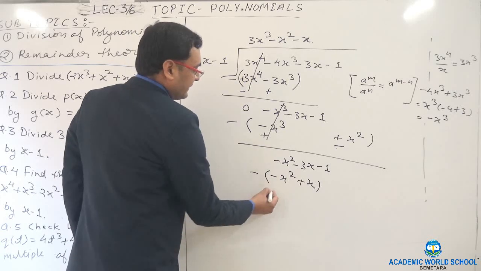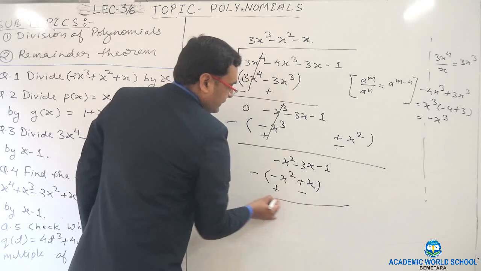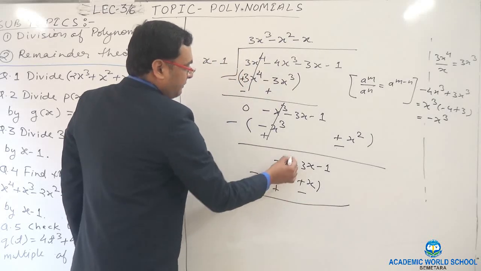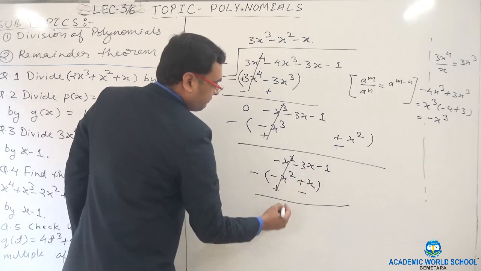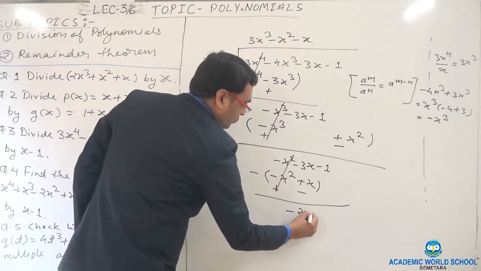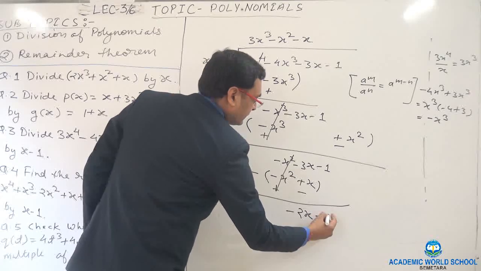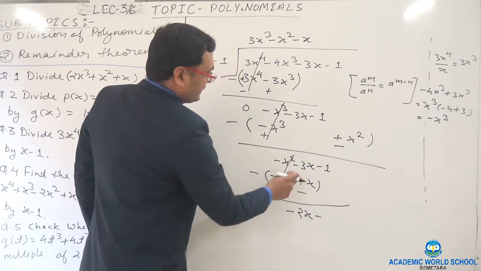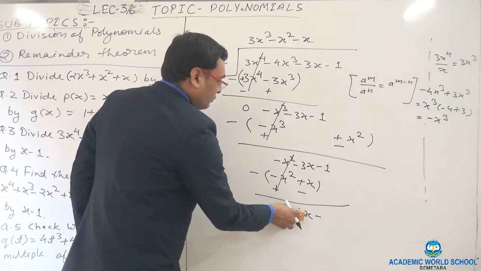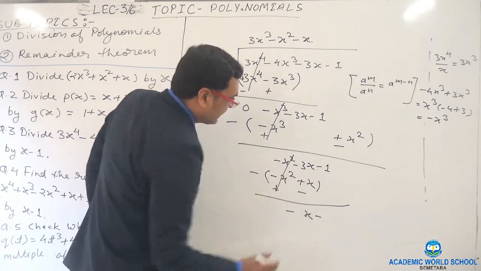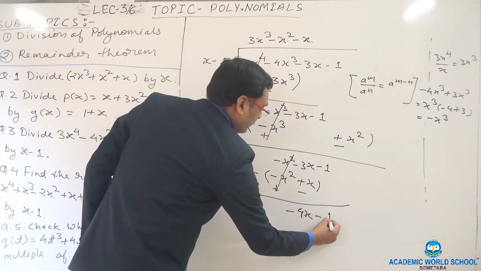The sign will change: minus sign will become plus, plus sign will become minus. Minus x squared plus x squared will become 0. Minus 3x plus x is minus 2x. And next, minus 3x and minus x, both minus signs will be added actually. So it will become minus 4x and minus 1.